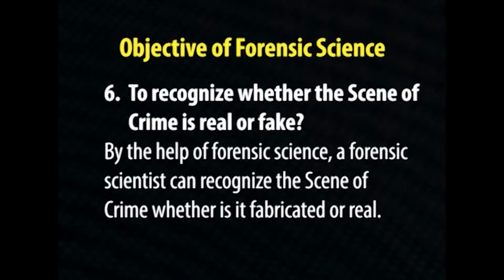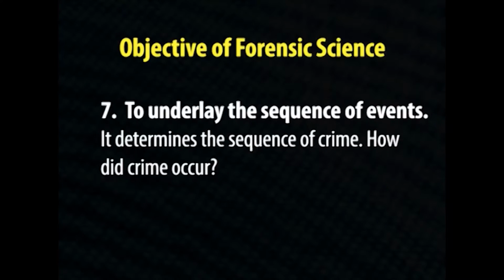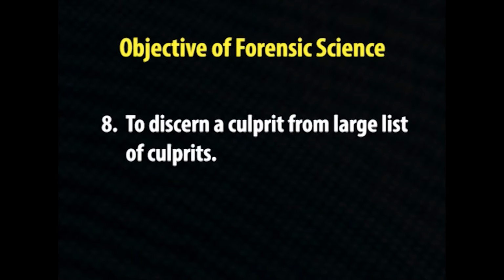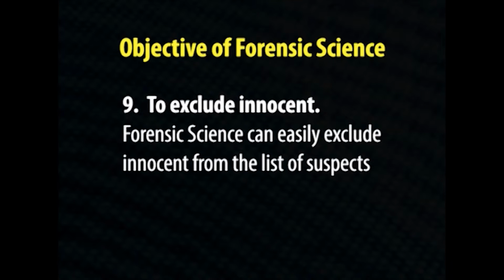With the help of forensic science, a forensic scientist can recognize whether the scene of crime is fabricated or real. Following, we can say, to underlie the sequence of events. It determines the sequence of crime, how did crime occur. Next is to discern a culprit from the large list of culprits. Following is to exclude innocent. Forensic science can easily exclude innocent from the list of suspects.